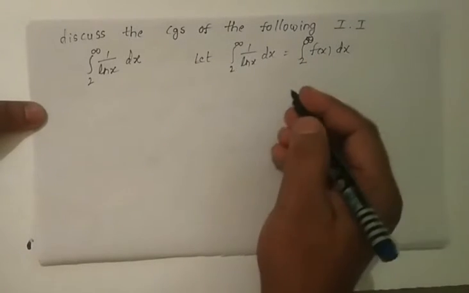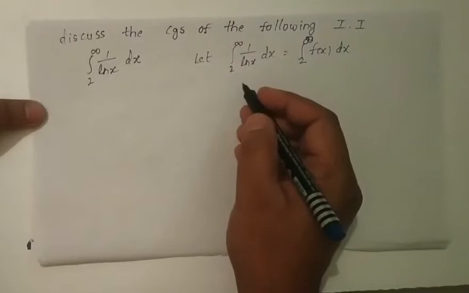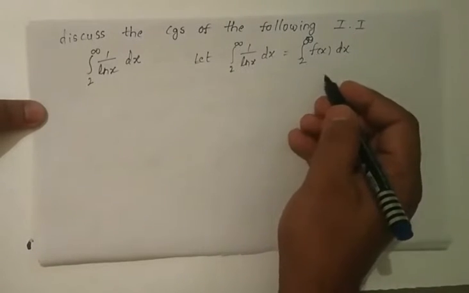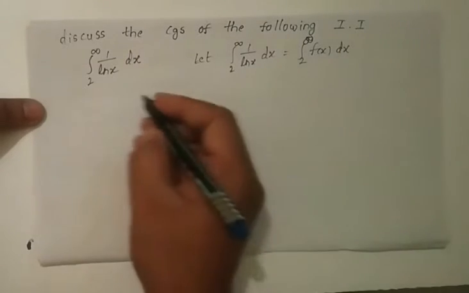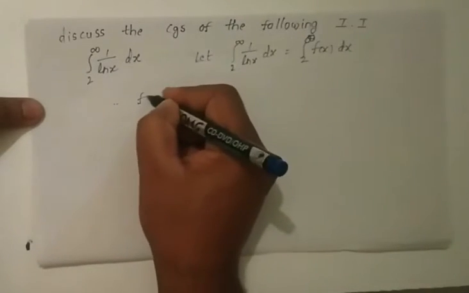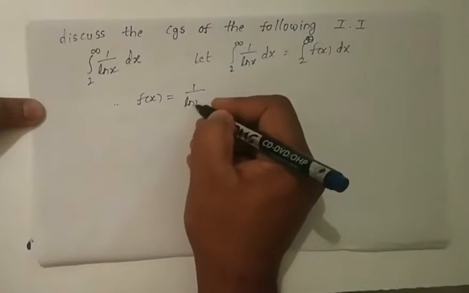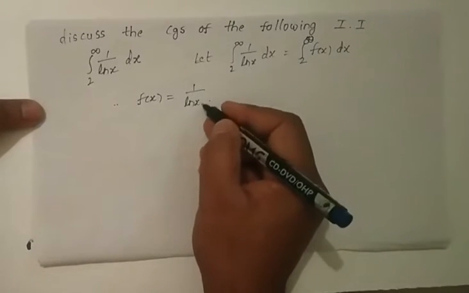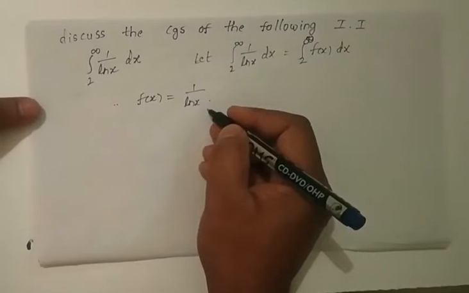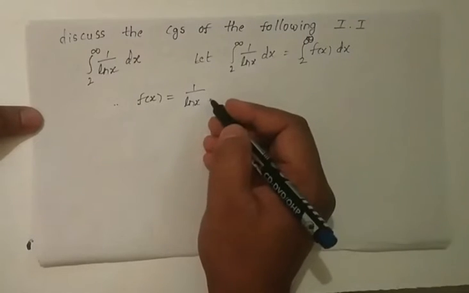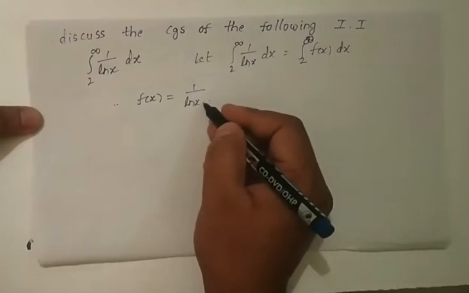First, let us consider the given improper integral as the improper integral of f of x dx. Therefore, f of x will be equal to 1 by ln x. Clear?